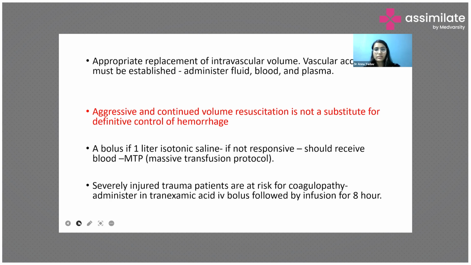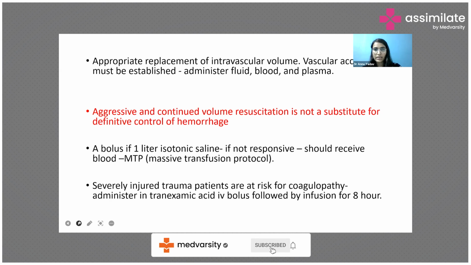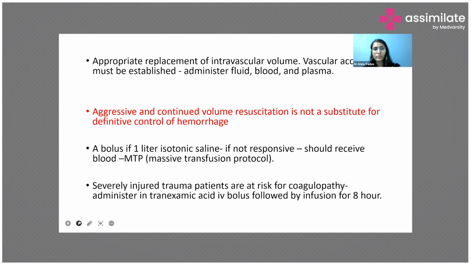So whether it is internal bleeding or external bleeding, it is very important to replace the intravascular volume. For doing that, we can take 2 large bore IV cannulas, preferably antecubital lines. 16 gauge is preferable.